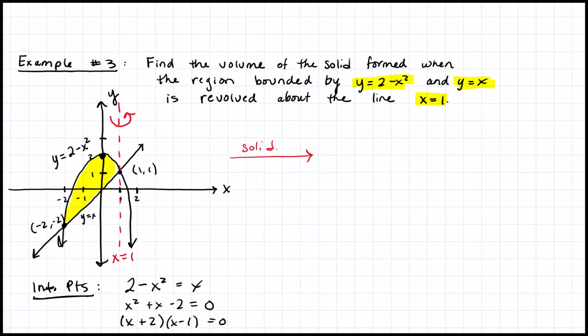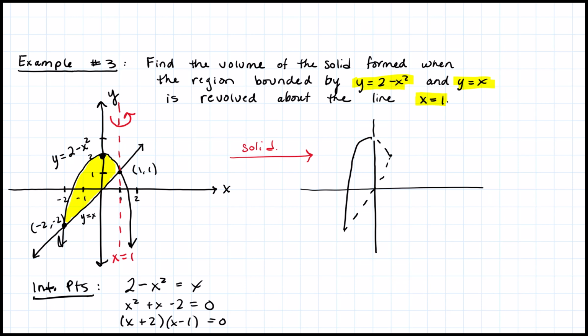Let's go ahead and get this graphed again. Now, since this is going around x equals 1, I'm going to grab my eraser real quick and change that. We're going to have to dash out some of this as well. That's going to be behind, inside the solid.